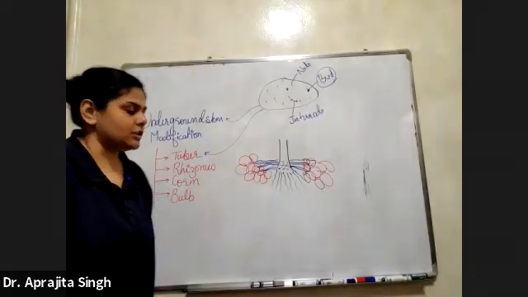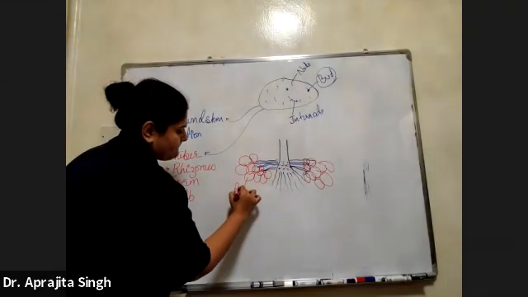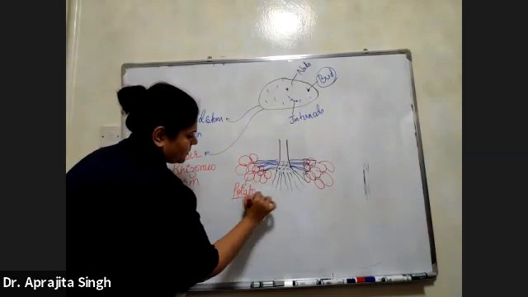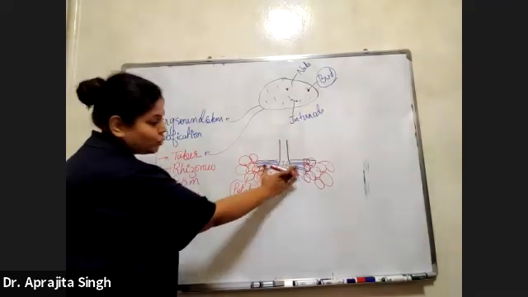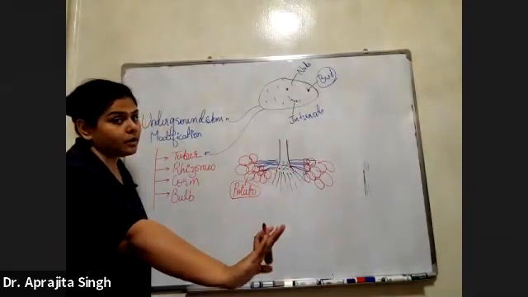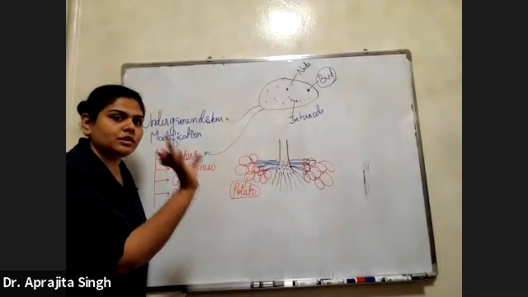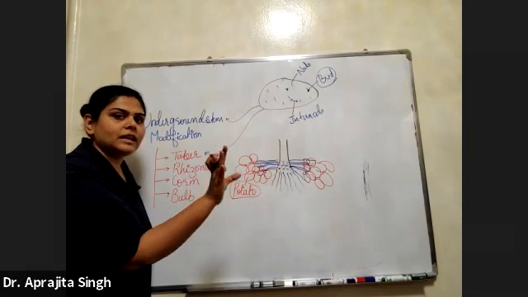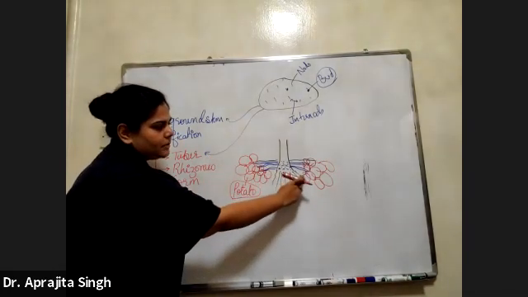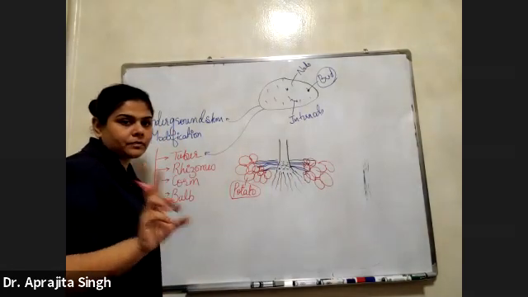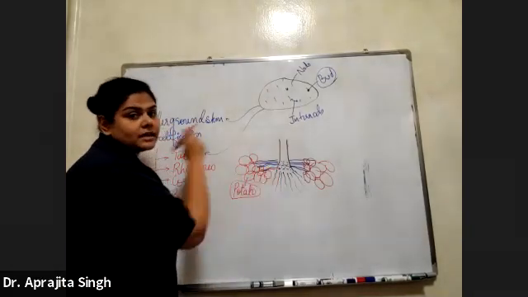Food storage, potato. And see, the roots play no role at all. They are just doing their work of absorbing nutrients, water, and minerals from the soil. Roots are not playing any role here. But the stems are getting modified.